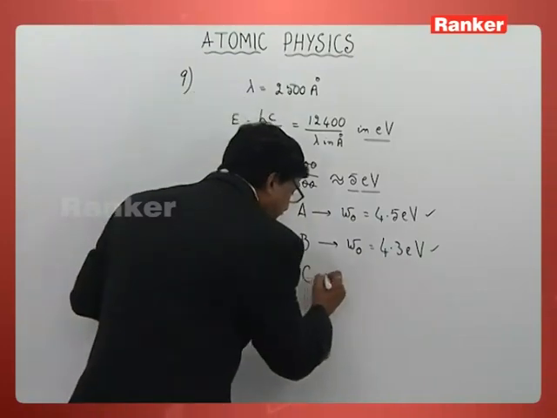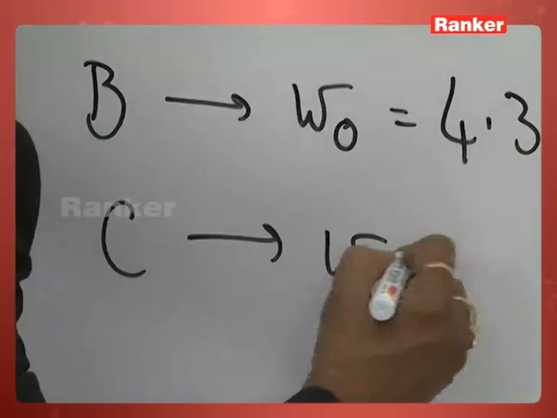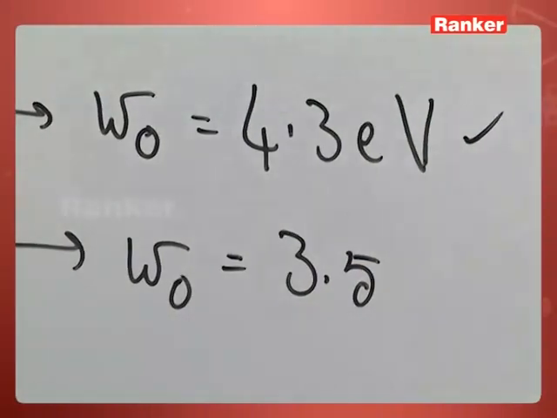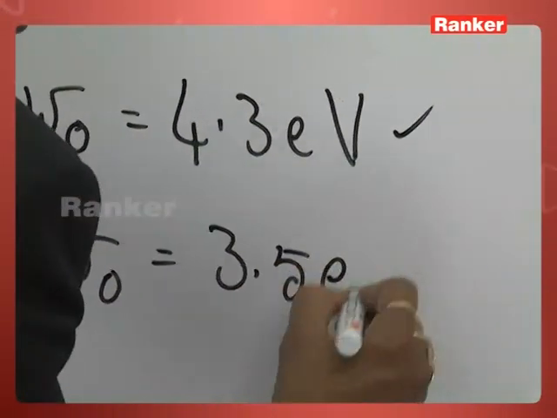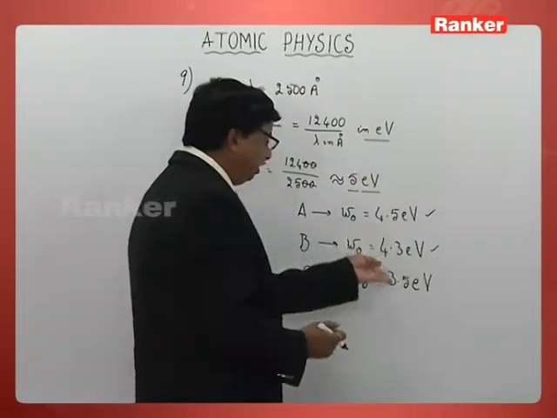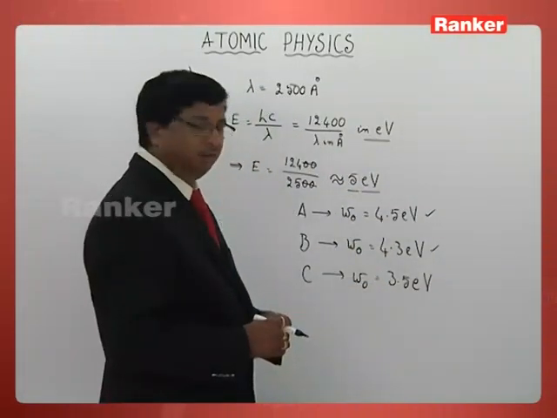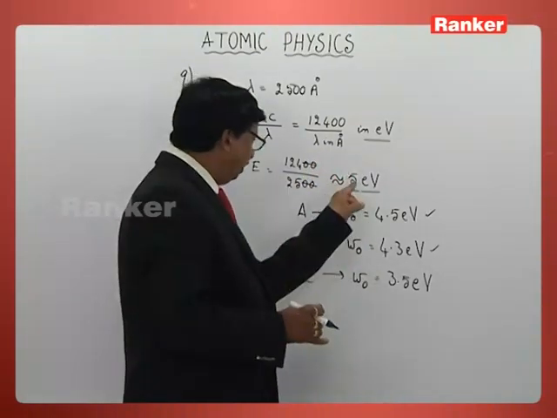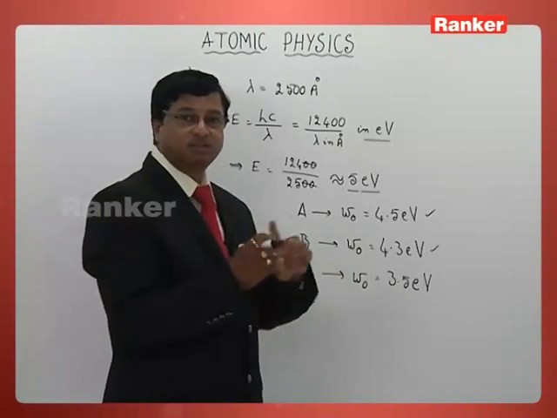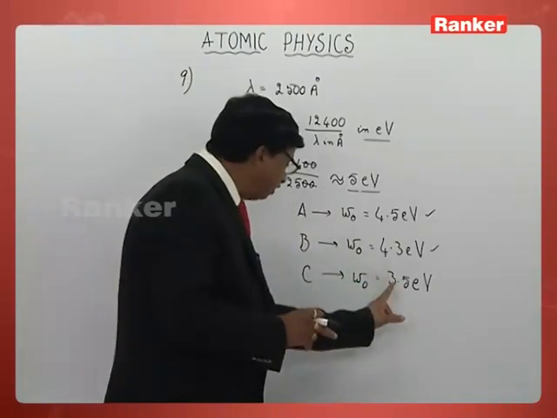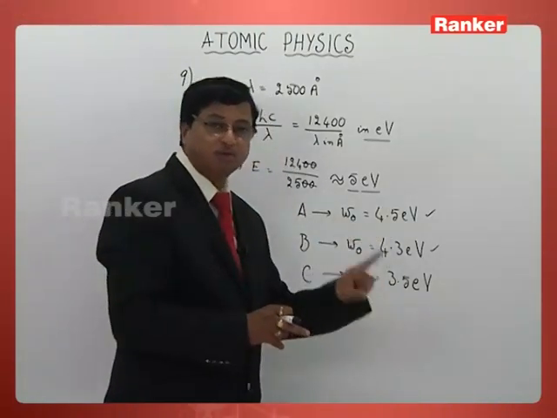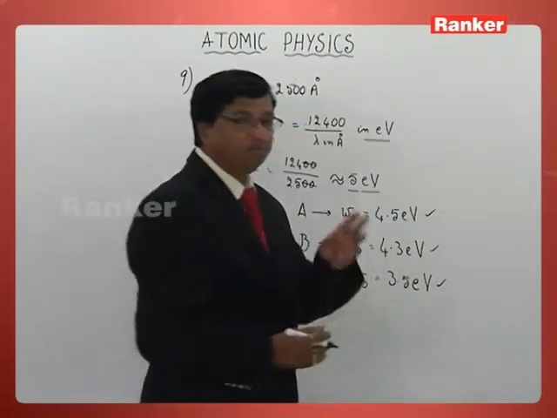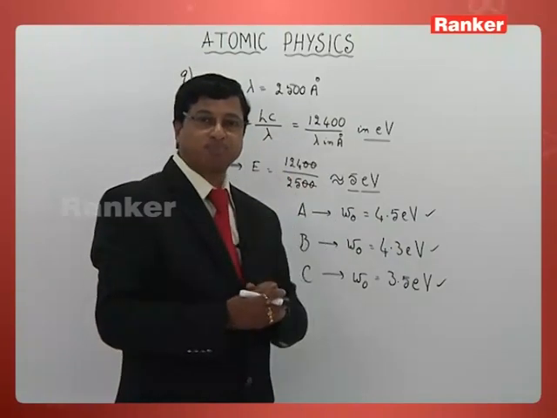For the metal C, the work function has been given this time as simply 3.5 electron volt. In fact, this is less than even these two values. So once again, since the energy of the incident photon is greater than the work function of metal C also, photoelectrons are emitted from the third metal also.